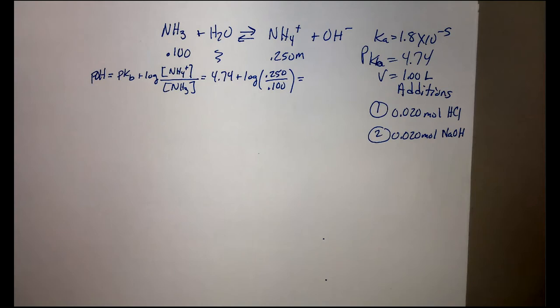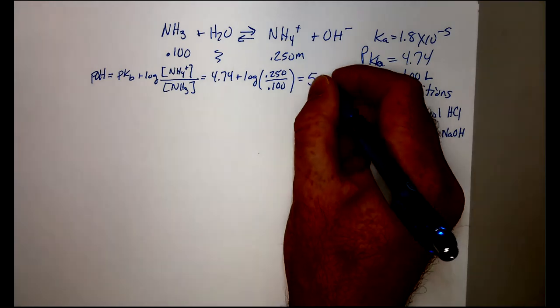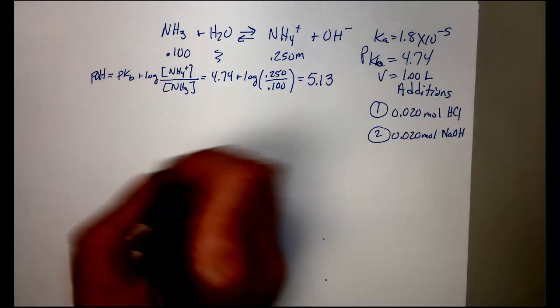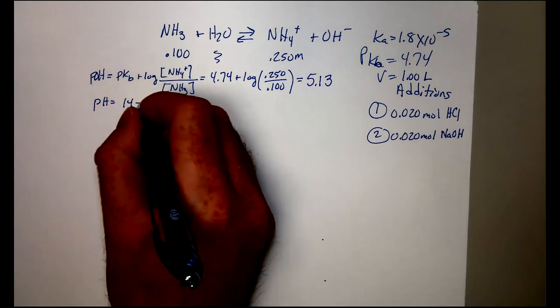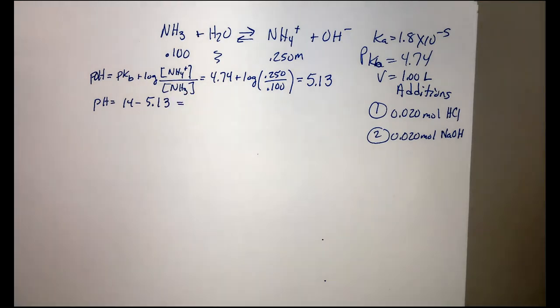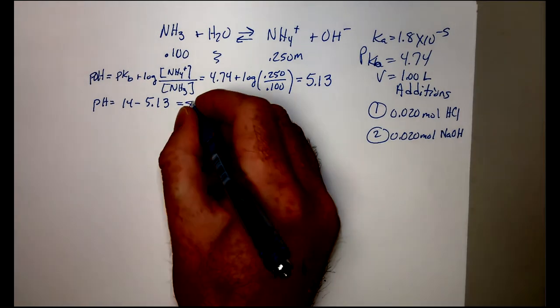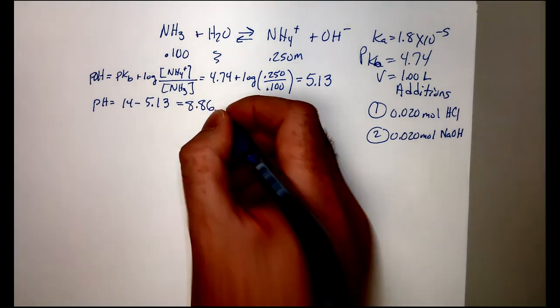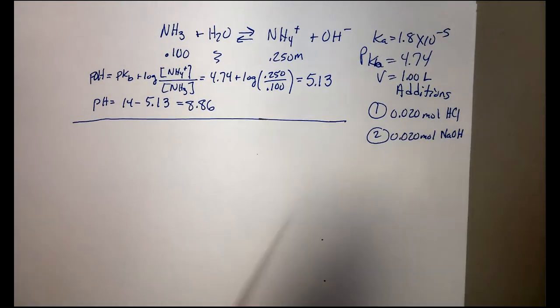Make sure you're doing log base 10 and not log base e, which is our ln, or natural log. And we get a pOH of 5.13. So our pH of our resulting solution will be 14 minus 5.13, and so that'll be 8.86. So that's the initial buffer before I do any addition.